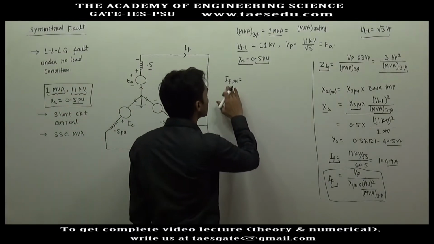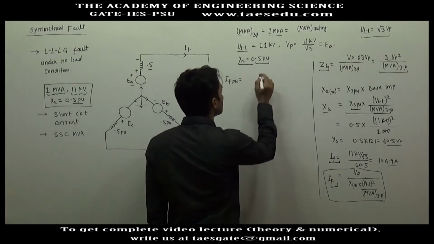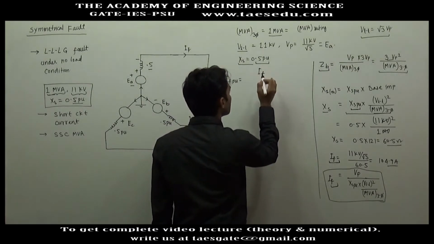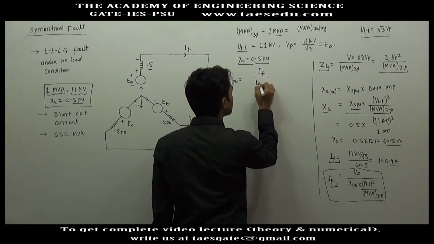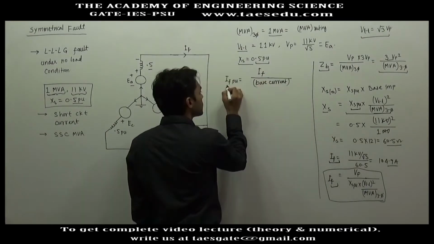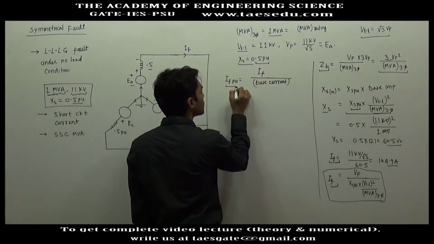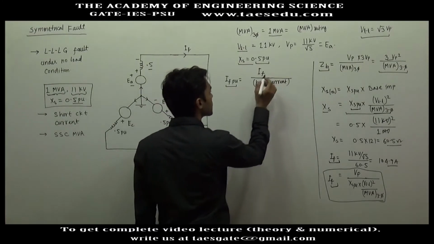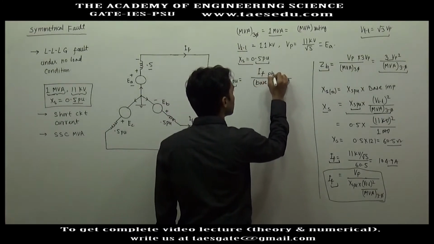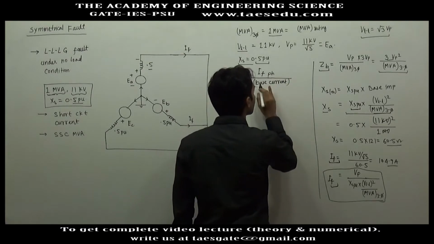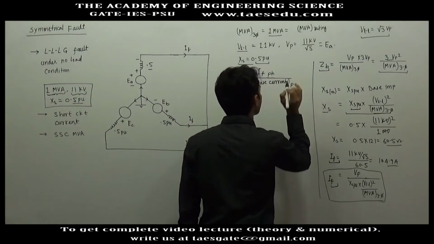Okay, so the PU value of fault current will be the actual value of fault current divided by the base current. The PU value of per phase current will be the actual value of phase current divided by the value of base current of phase.